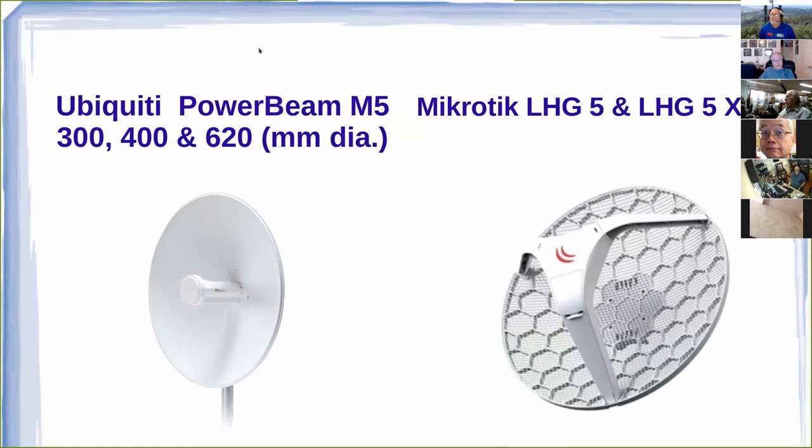Transmitters, receivers, modems, little antenna to illuminate the dish, but they're identical in all of the 3 models. There's 3 models, 300 millimeter, 400, and 620. 620 is really large. I think your neighbors would have concerns if you put that up, but they have, as you'd expect, consecutively higher gains.